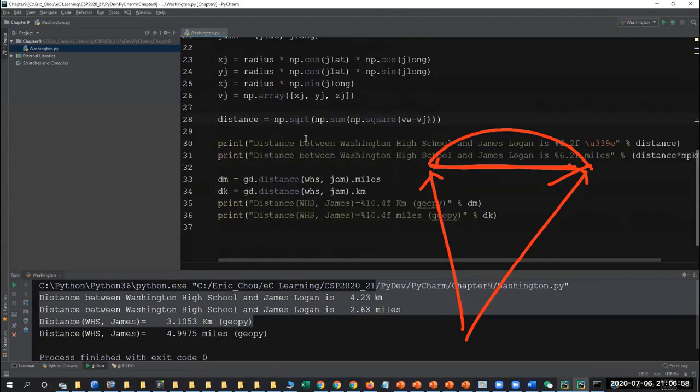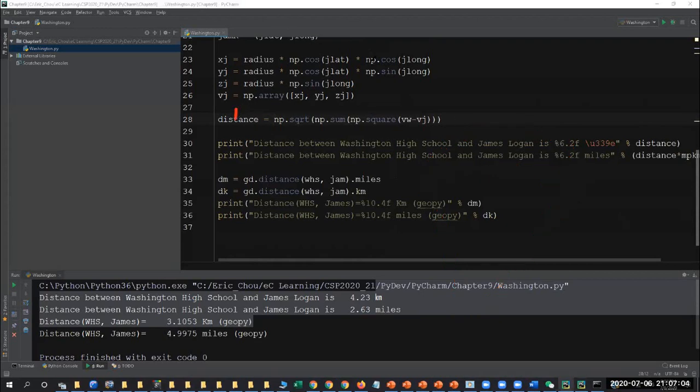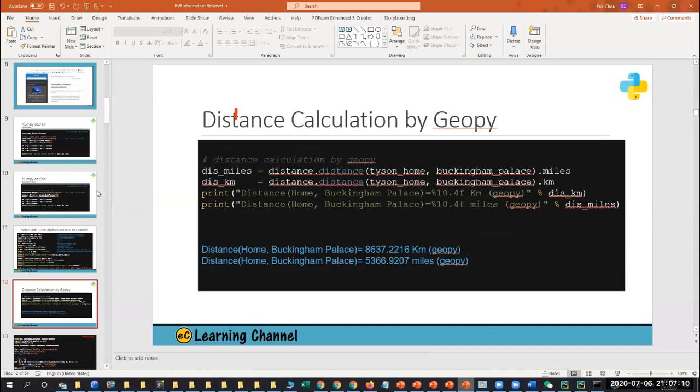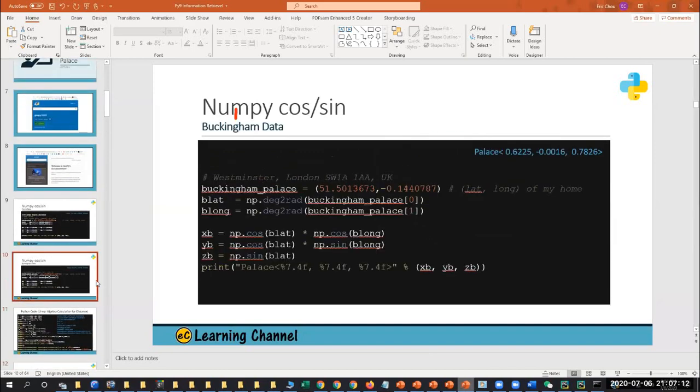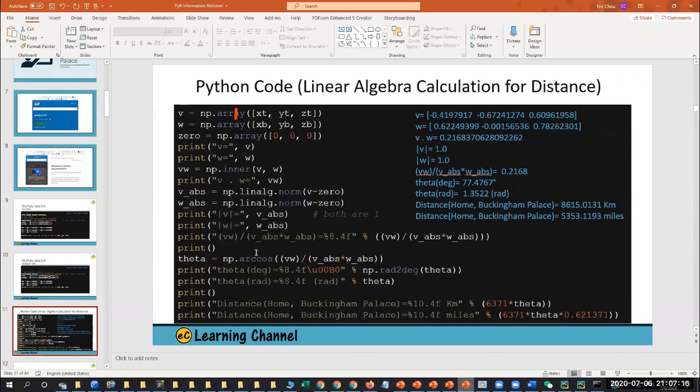Oh, here I already used the word distance, so maybe that's why it creates trouble. So let me try a different way to do it. Let me bring up my original way of calculating it over here. So I had a NumPy array using this tool, and then there's a zero array, and do inner product.